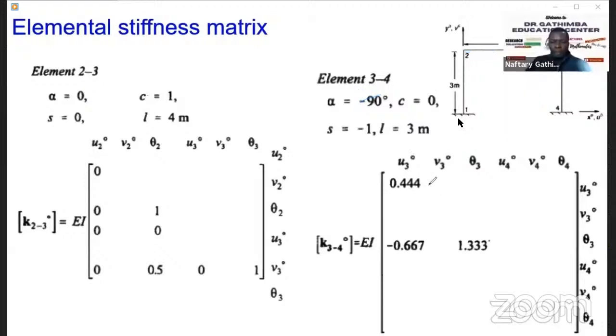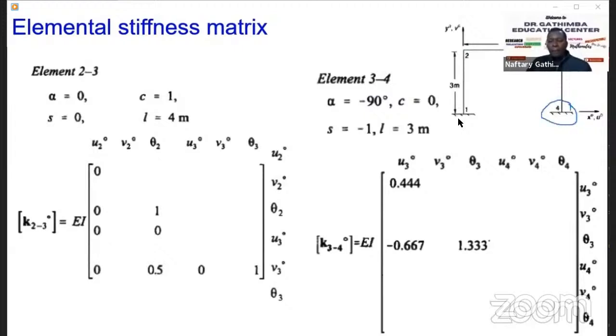So that being said, again, we know for this element 3, 4, you remove the rows and the columns associated with the components with 0 displacement, which are V3, U4, and V4. This one you know directly, the fixity is equal to 0. And then V3, which is vertical.